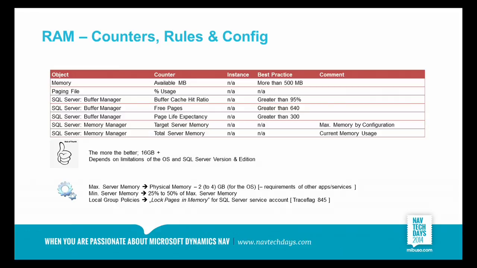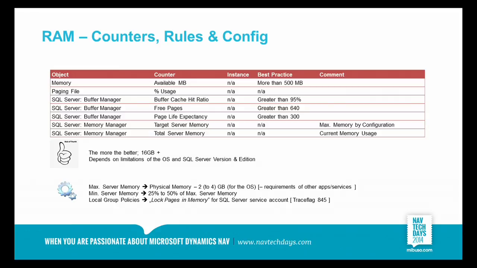In SQL Server, the most important indicator to tell if the system is healthy or not is the buffer cache hit ratio. As mentioned before, SQL Server always works like this. A client sends a query to the server. Then the server first looks up if the data is already in the cache memory.